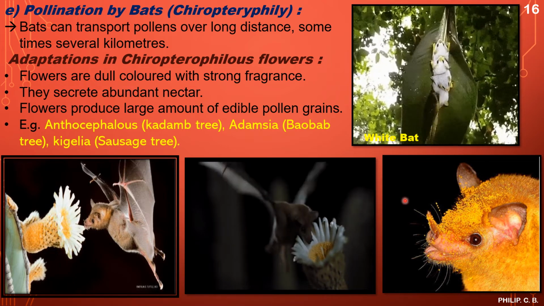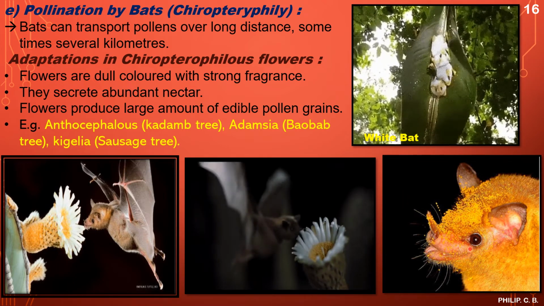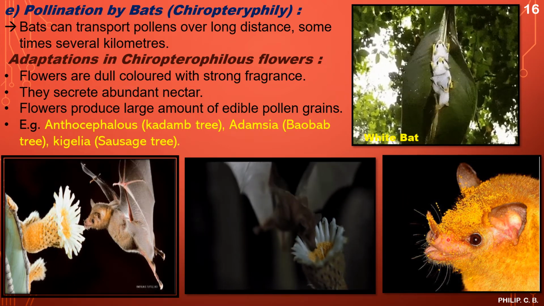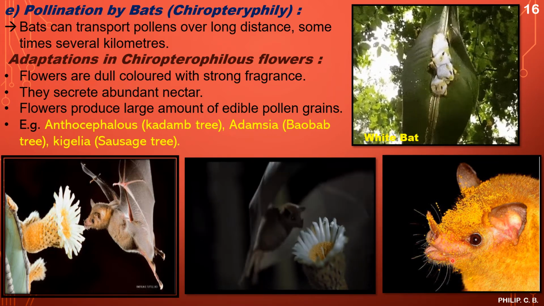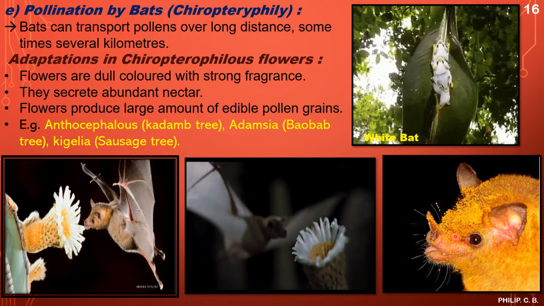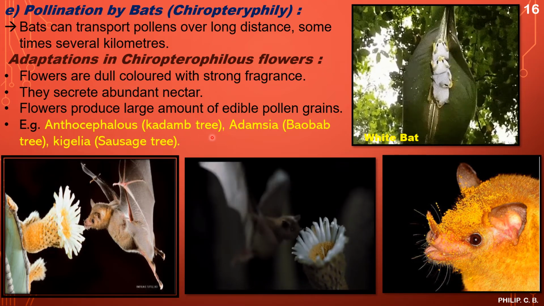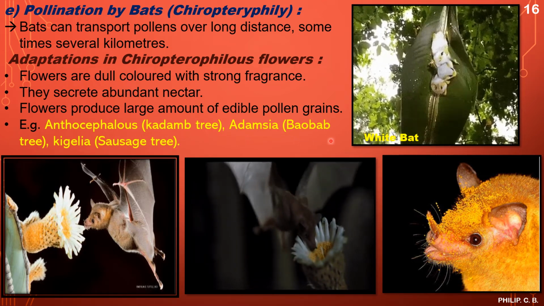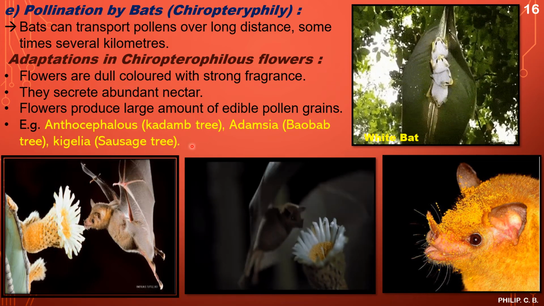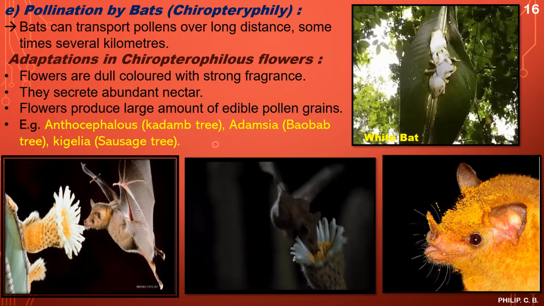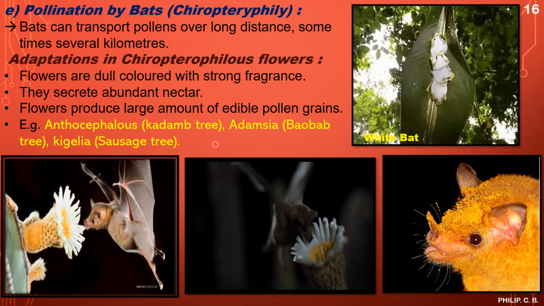So if you see here an image where I have shown the bat consuming the pollen grains, with a lot of pollen grains on the entire body, head region, body region. Examples: Anthocephalus, cardamom tree, Adansonia, baobab tree, Kigelia, sausage tree. These are some of the trees which bats pollinate.